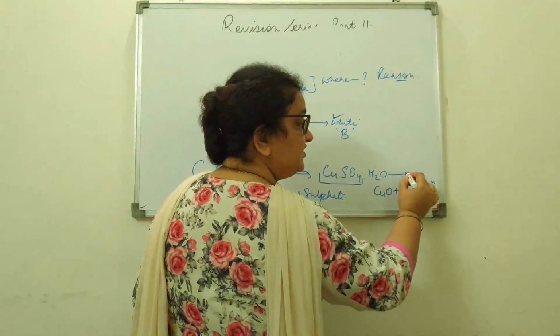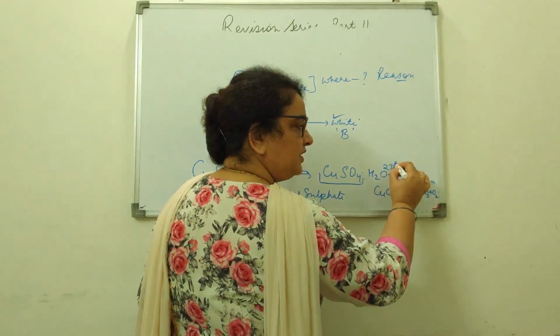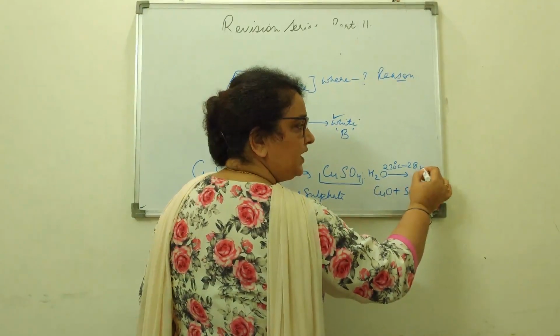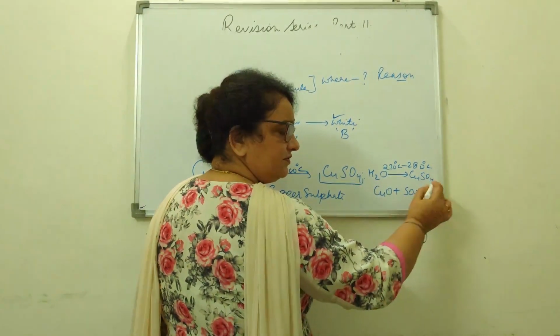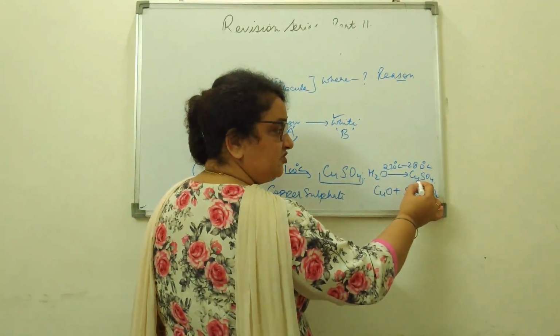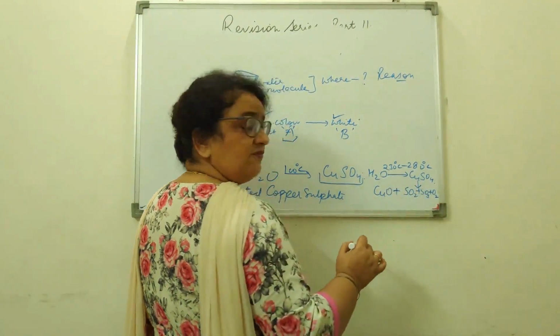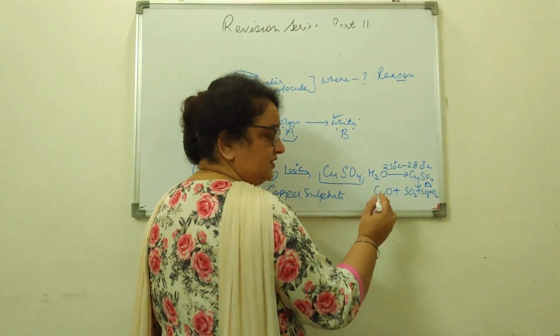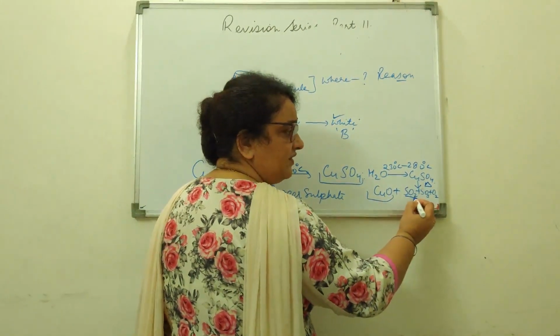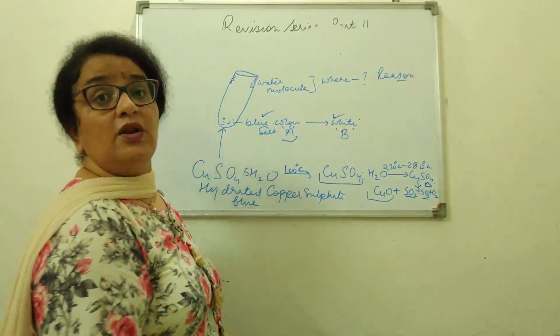On further heating, at 230 to 280 degrees centigrade, first it changes to copper sulfate again with expulsion of water molecules, and then if you heat it further, what do you get? Copper oxide, then sulfur dioxide, and oxygen.